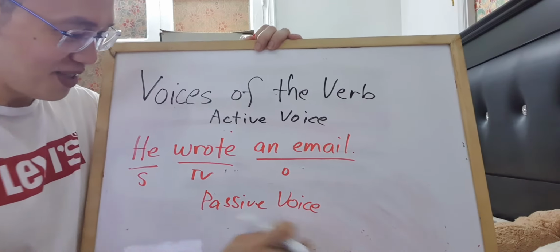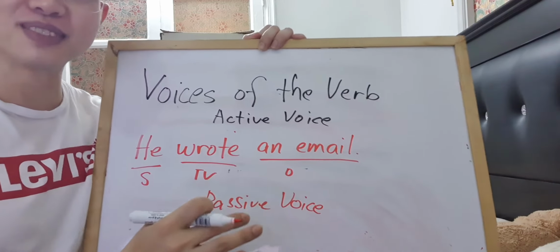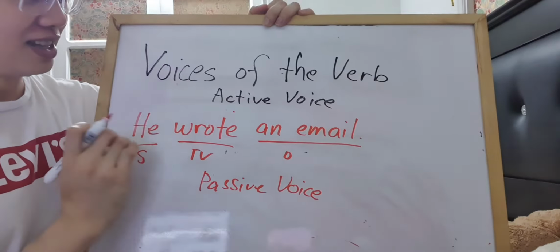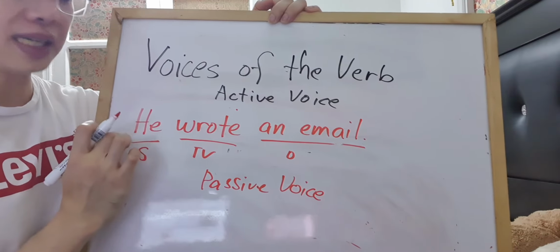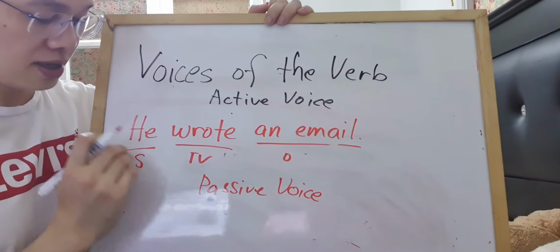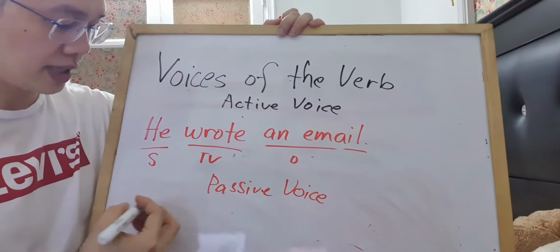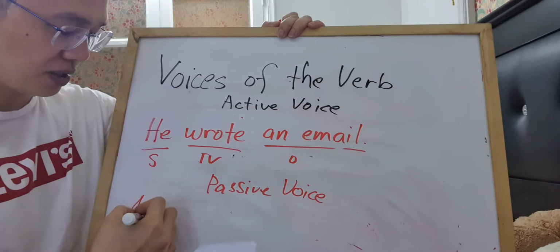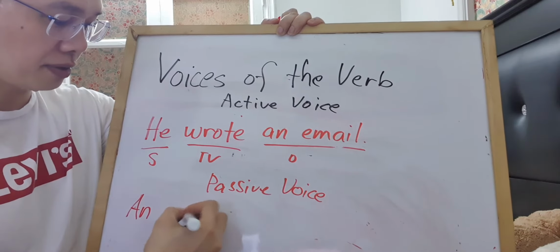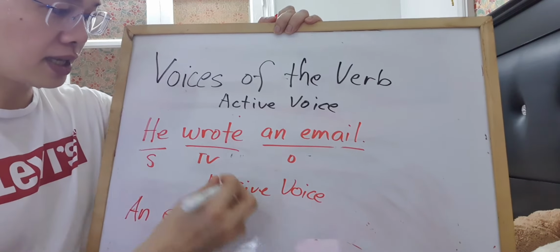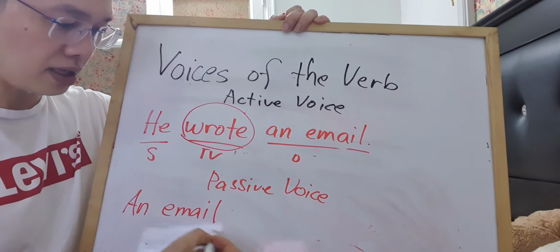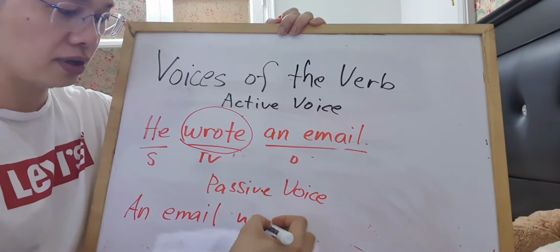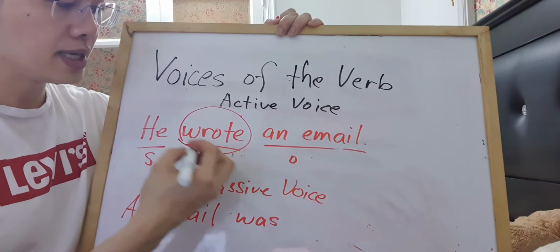Okay, well anyway, passive voice. So he wrote an email. That is your active voice construction, and then change it to passive voice. Then you'll have an email, again starts with a capital A. Then what will be your passive voice form of the verb? An email is singular, so you are going to use was, and then wrote.